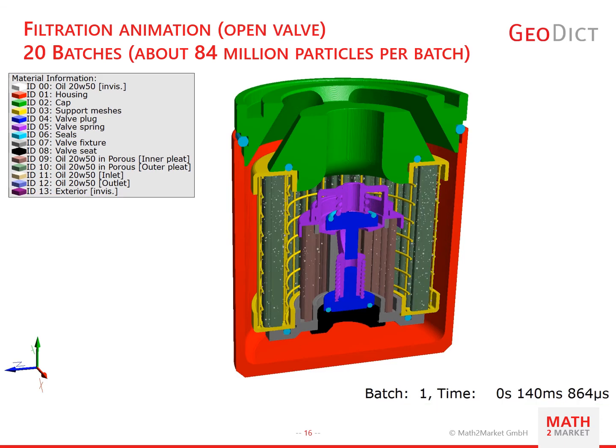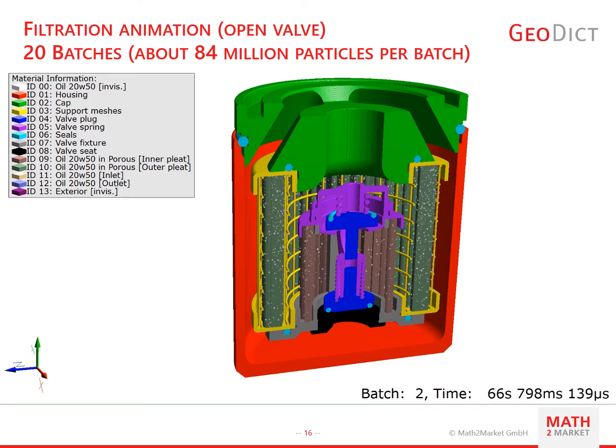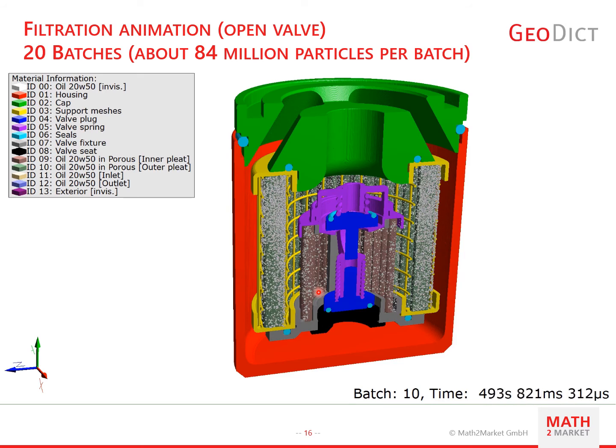So if we take a look at the case when the valve is opened, same simulation with the same settings, only when the valve is open, we can see here that the particles are filtered through both the inner and outer plates.